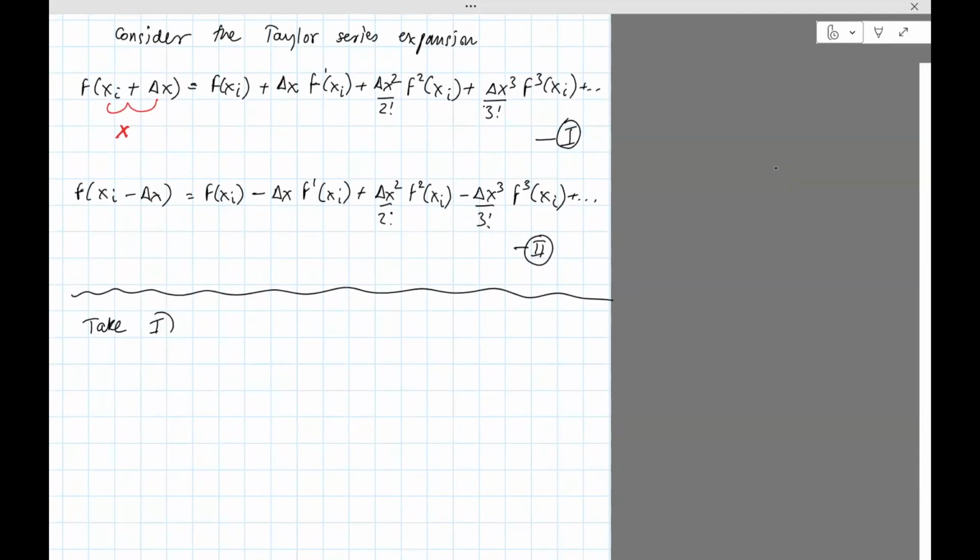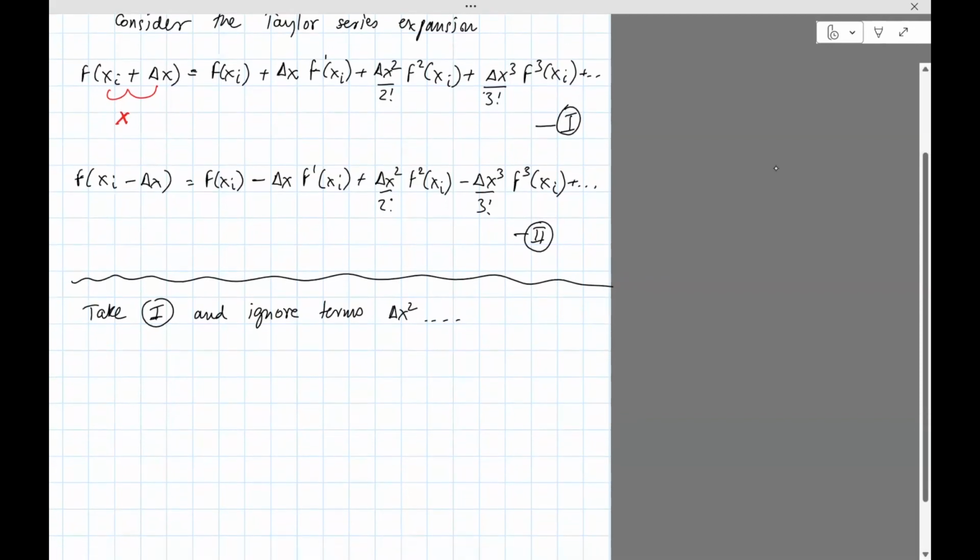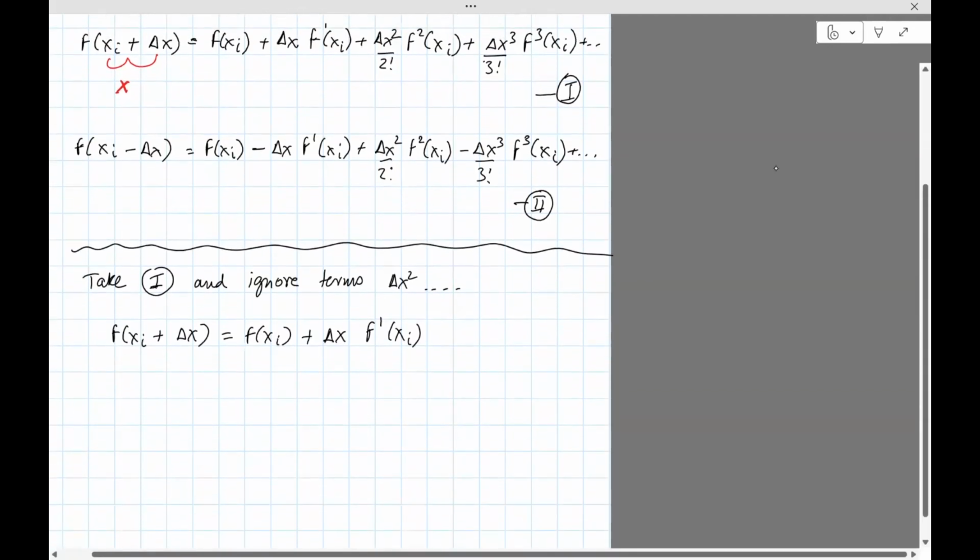So what we can do is take equation one and ignore terms from delta x squared onwards. If you ignore that, we have f of xi plus delta x equals f of xi plus delta x f prime xi.